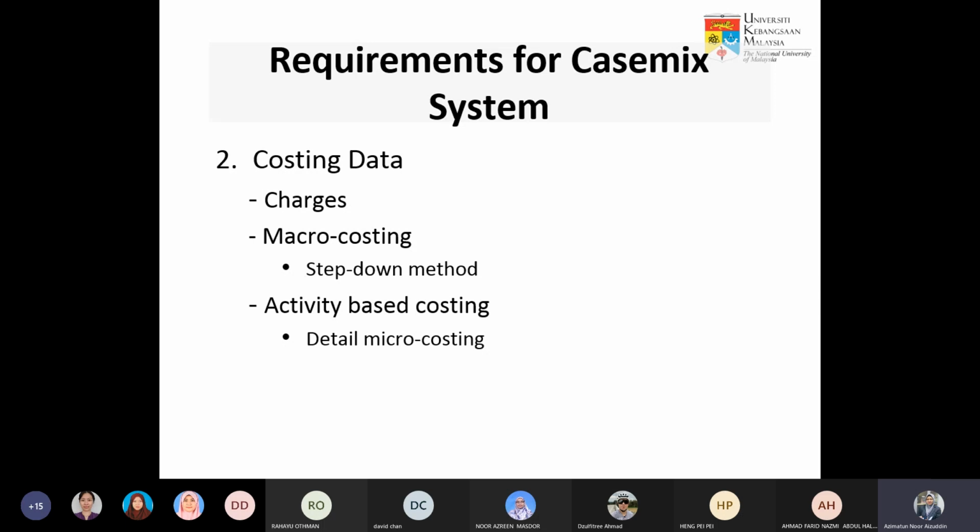Walaupun untuk costing data, bagaimana kita collect, bagaimana kita measure kita punya expenditure dan sebagainya, kita menggunakan macro costing ataupun nama lain adalah step down method costing, kemudian activity based costing, iaitu detail of micro costing yang kita boleh dapat daripada patient's admission.